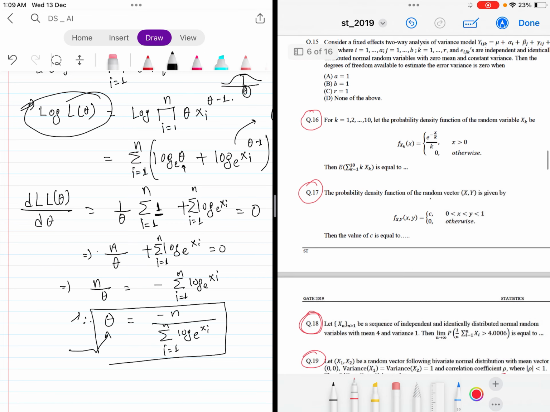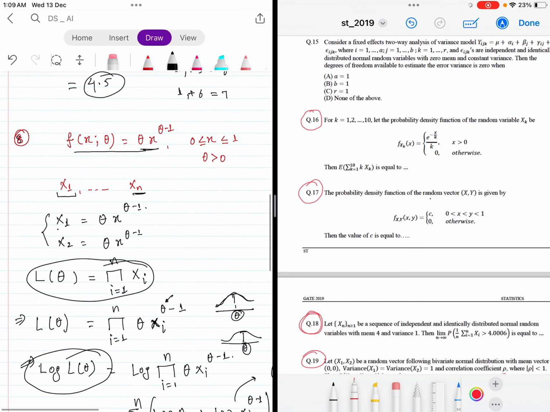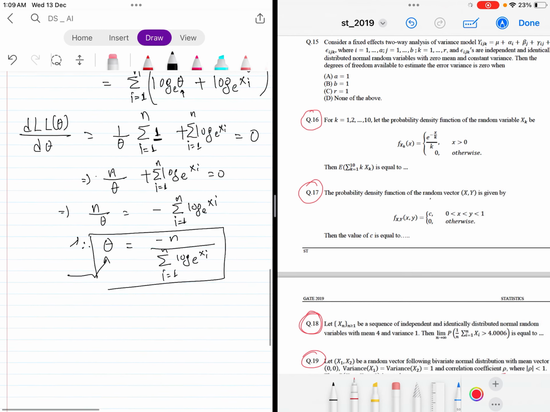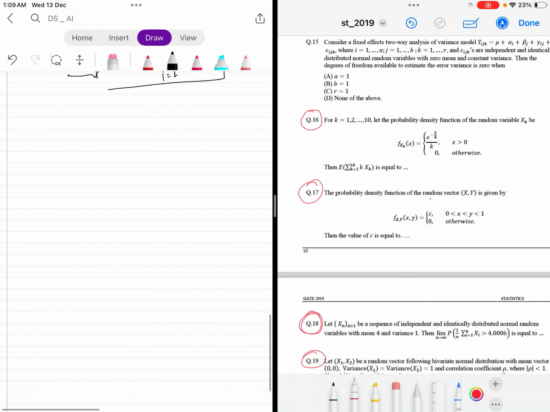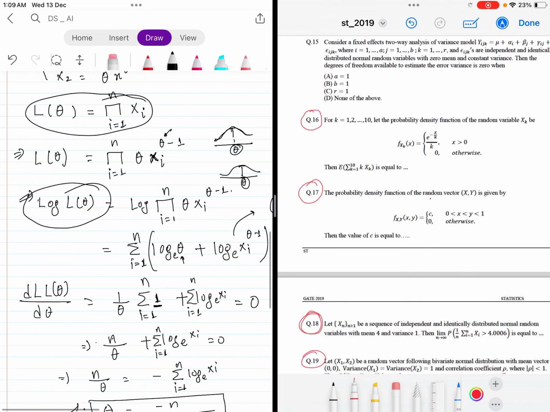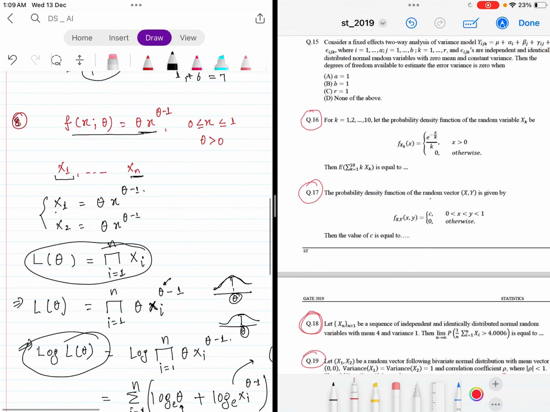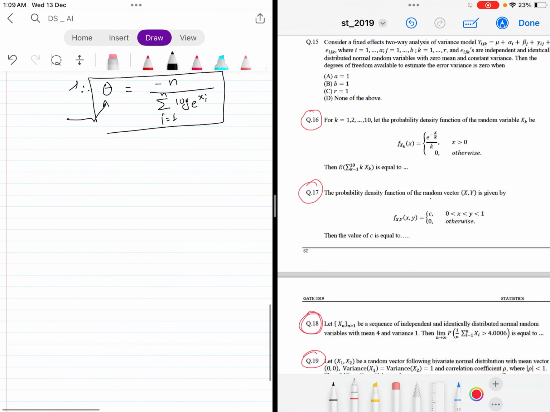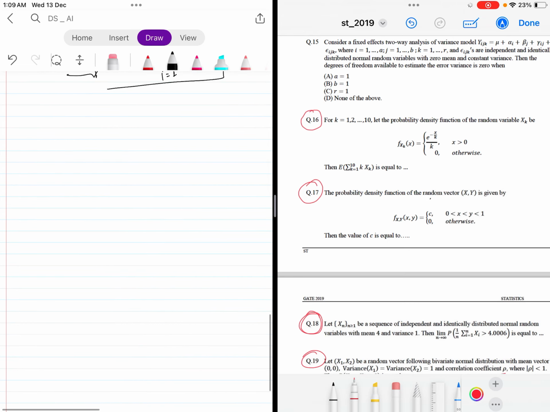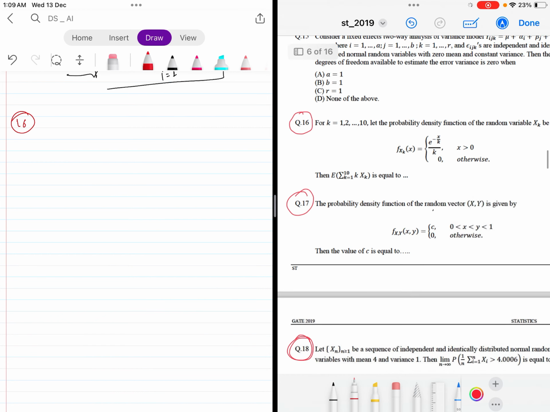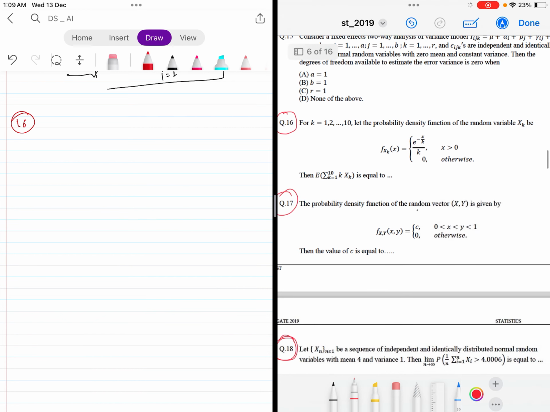Now let's move to question number 16. For k equals 1 to 10, let the probability density function of random variable xk be given.